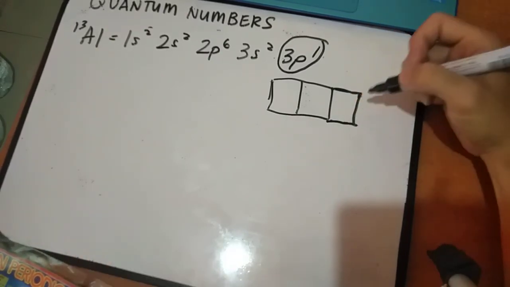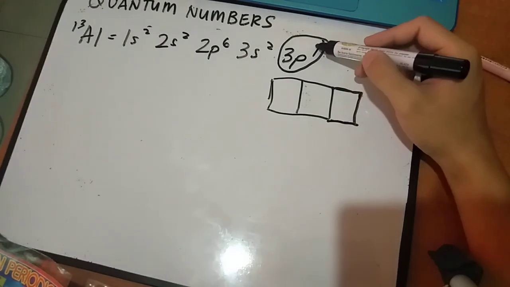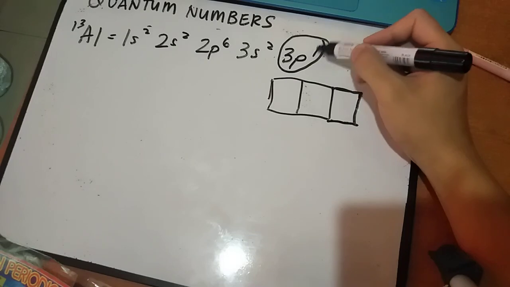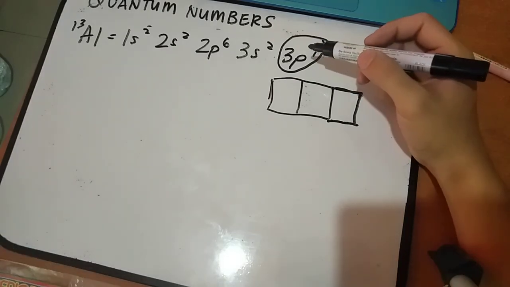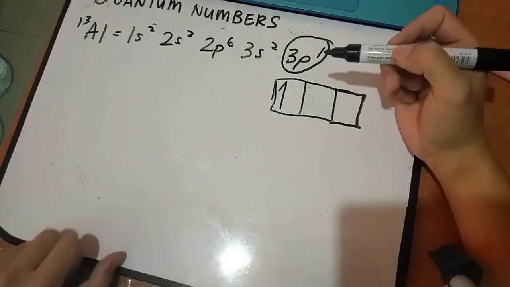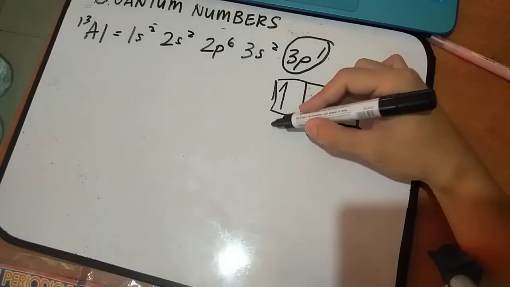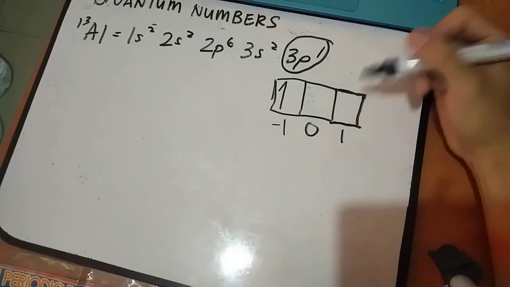Okay. So, how many electrons in the P? 1. Okay. So, arrow up lang. Isa lang. Okay. So, this is 0, negative 1, and 1.